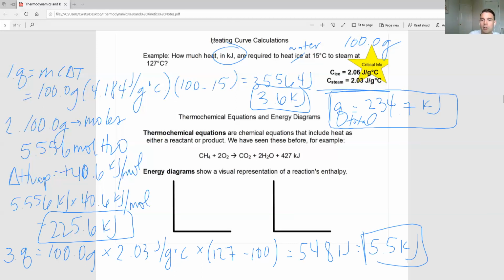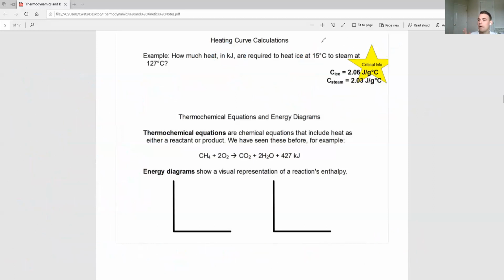So that's how much energy is required to heat water at 15 degrees Celsius into steam at 127 degrees Celsius when I start with 100 grams of water. I'm going to clear this. So that combined my Q equals mc delta T, my Q equals n delta H equations, and we can put those together for a heating curve calculation.